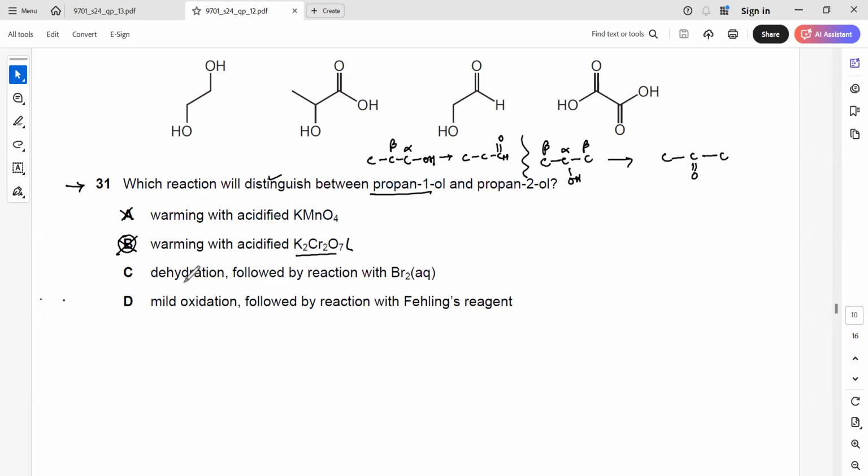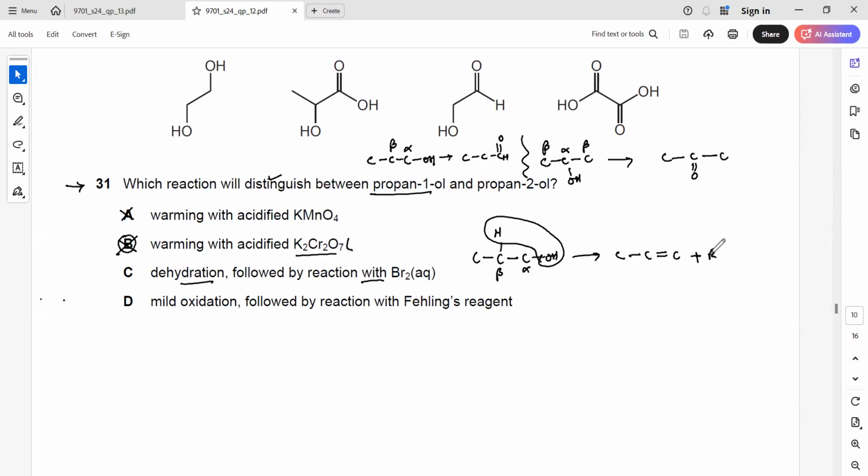Now, option C, they are saying dehydration. If we take, let's say, propan-1-ol, on dehydration, what will happen? You can see the alpha carbon will lose OH and the beta carbon will lose hydrogen, and we get propene, followed by a reaction with Br2.